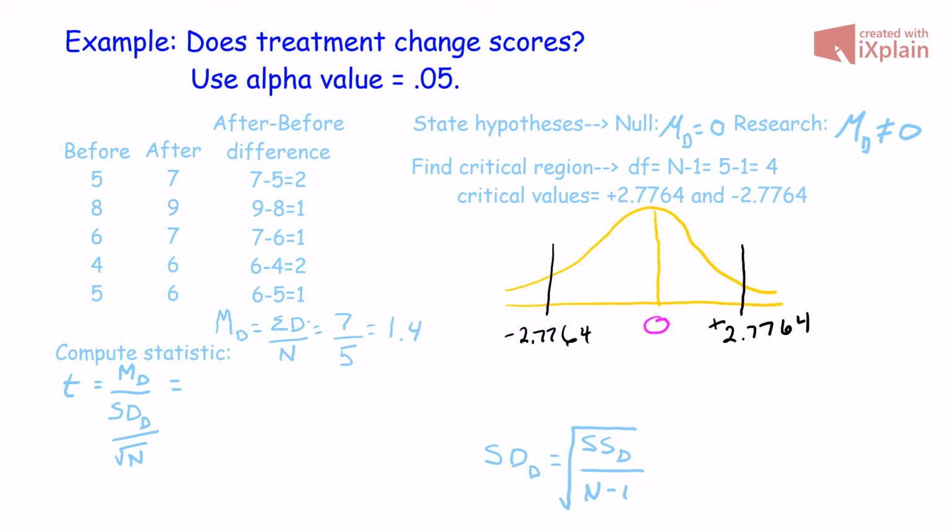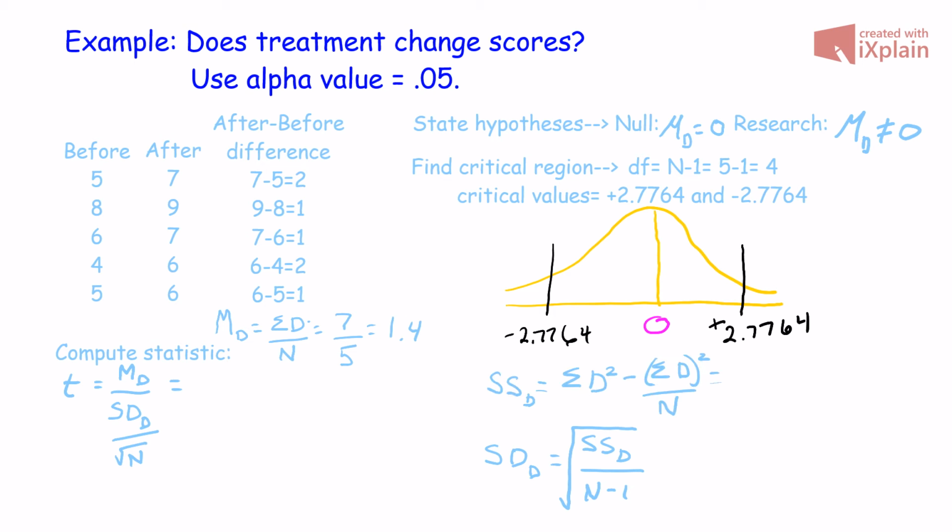The next step we want to do is find the standard deviation of the difference scores. Again, we want to find the standard deviation of these numbers right here. And to do that, you can see in this equation, we need this term right here, the sum of squares of the difference.